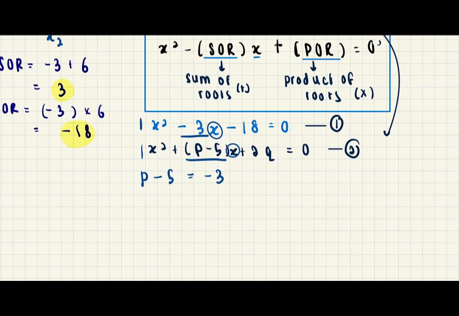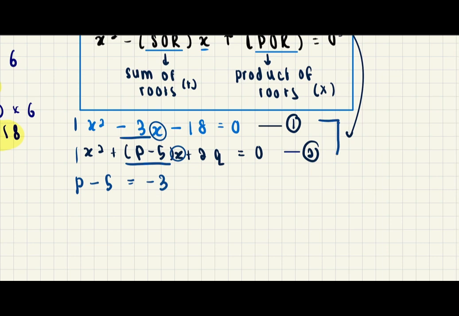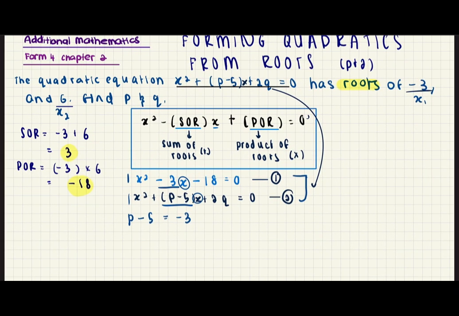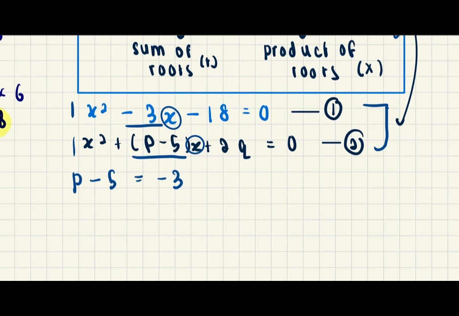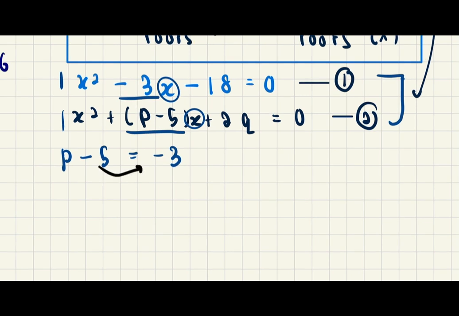Why are these 2 equations the same? Because the roots that we are using are the same in this equation. Therefore, they are equivalent. So here, we can move this. So p is equal to negative 3, this becomes plus, so negative 3 plus 5, you get 2.